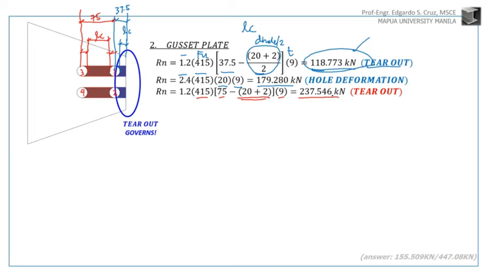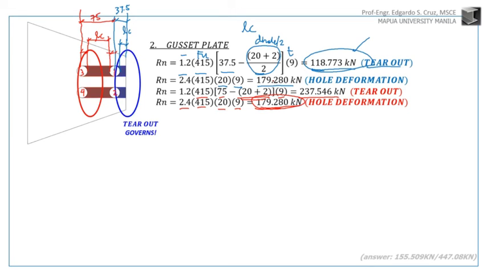How about for hole deformation? For hole deformation, that would be 2.4 FU, diameter of the bolt, times 9 thickness. So we got 179. Comparing these two, mas maliit yung 179. Therefore, for bolts 3 and 4, hole deformation governs.